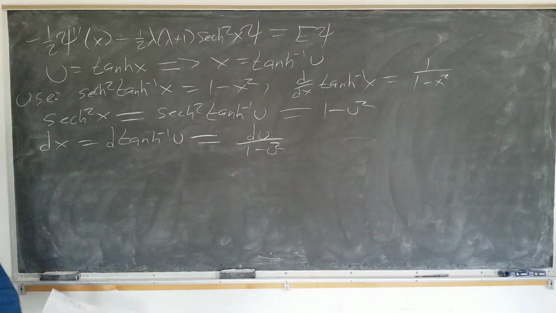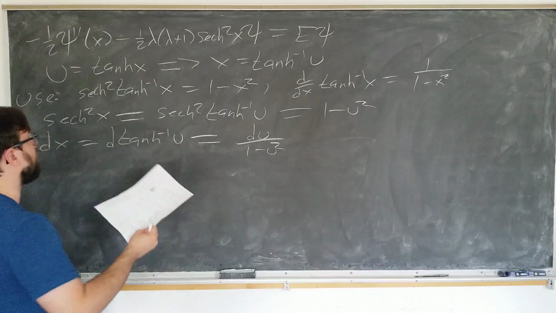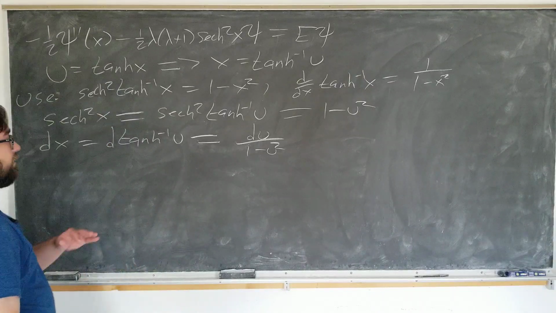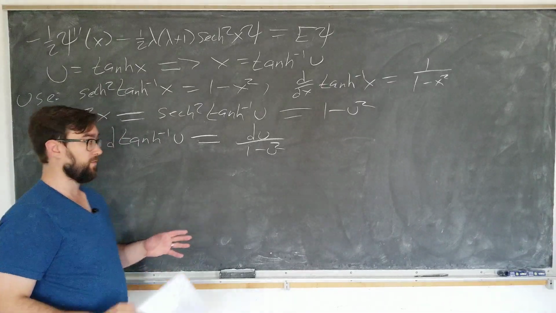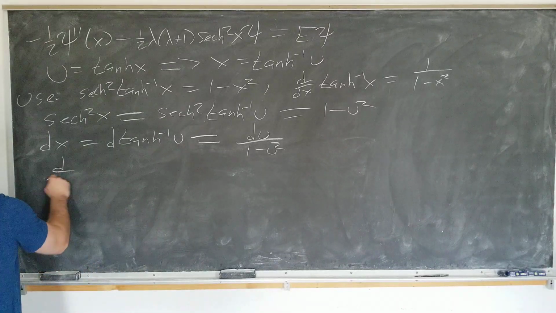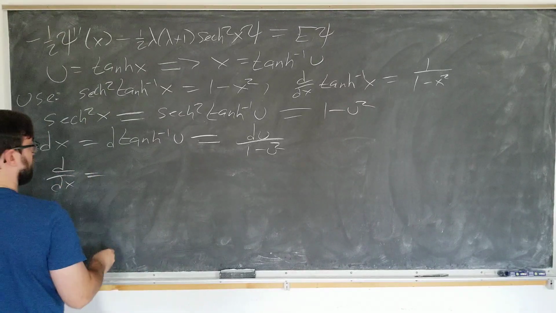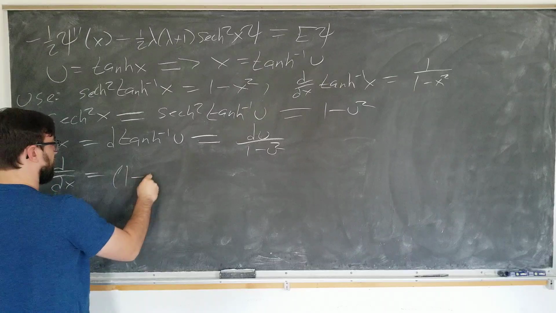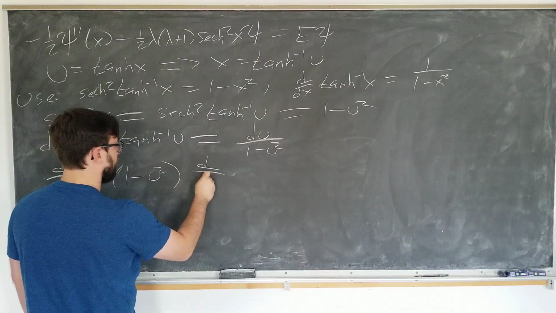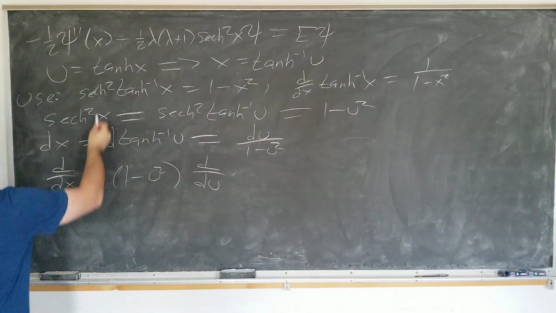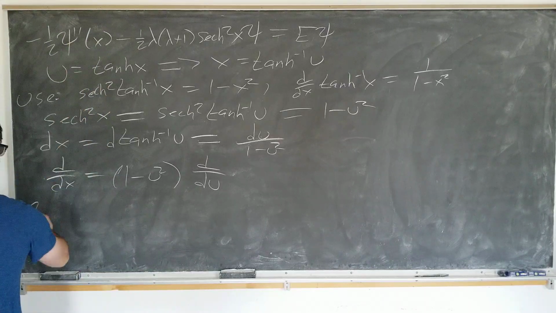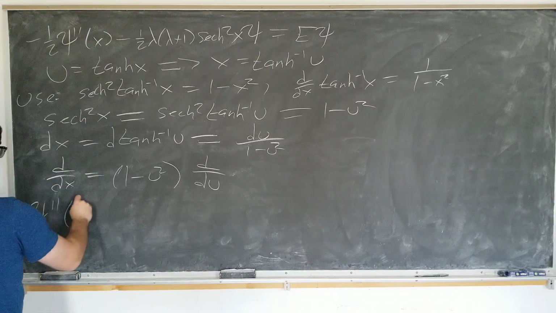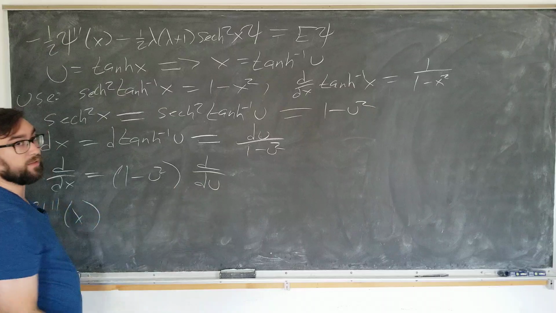But we really want d by dx because we have psi double prime. Not a problem, just take d over both of the sides. So it tells us that d by dx is equal to 1 minus u squared, d by du. Excellent, now we'll transform psi double prime to be just this operated on psi twice.